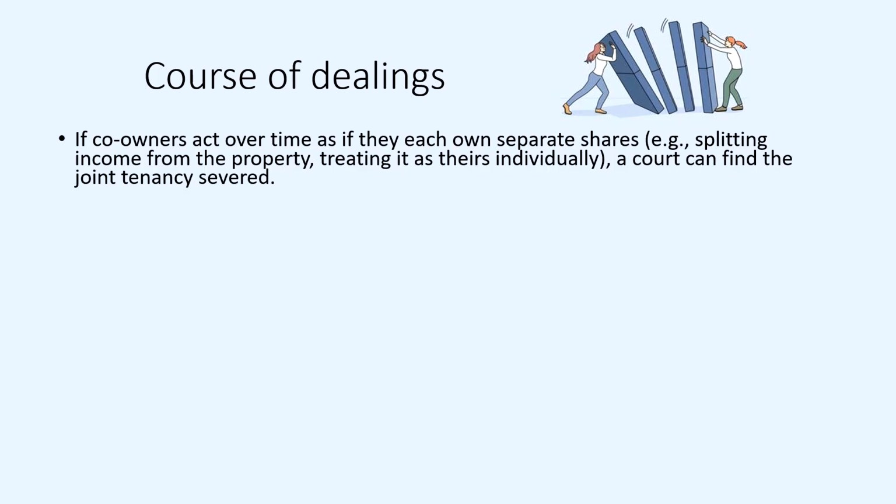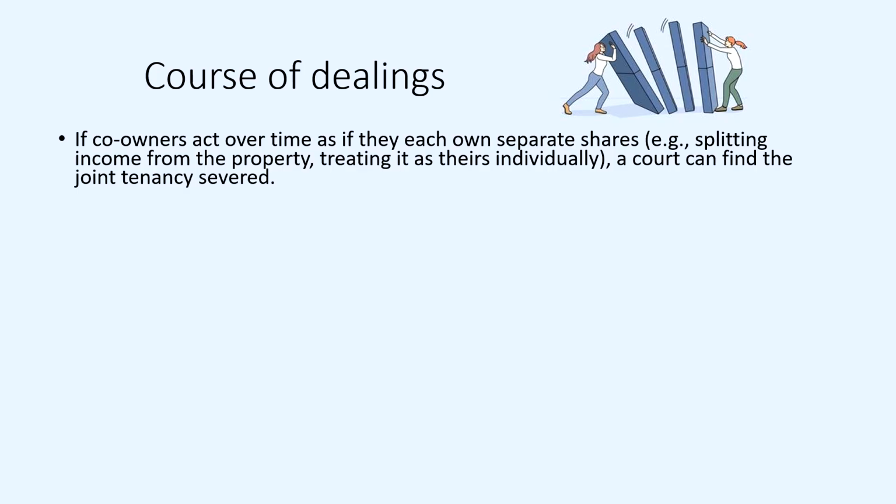So, for example, there's two owners of a property and they are renting out the property, and they split the income from the property and treat each share of the income separately, so they can each do whatever they want with it.